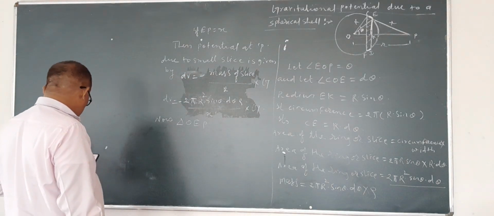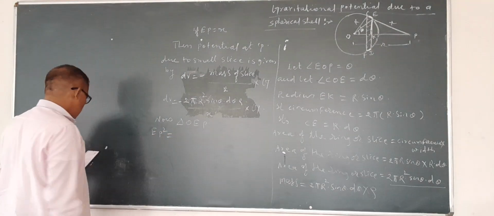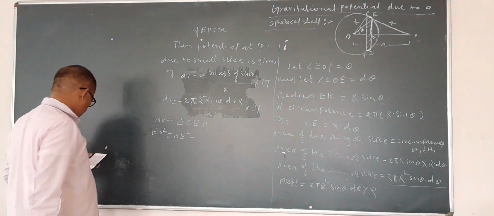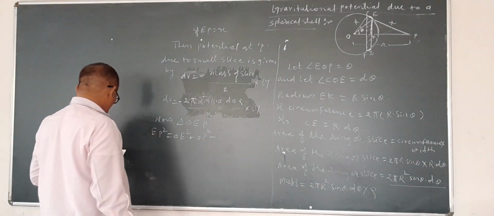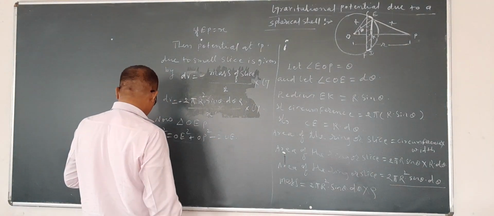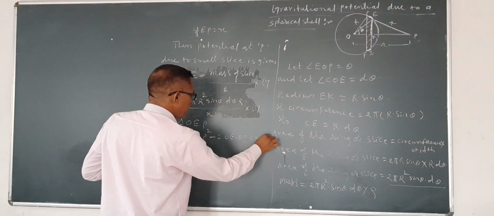The cosine law is like this: EP² equals OE² plus OP² minus 2 OE into OP cos θ.